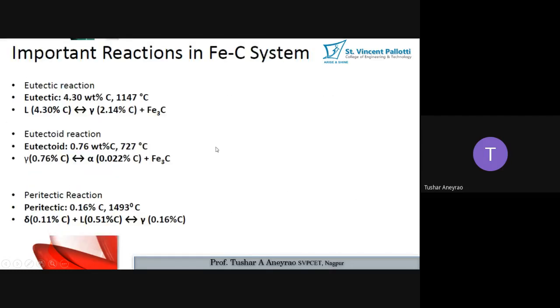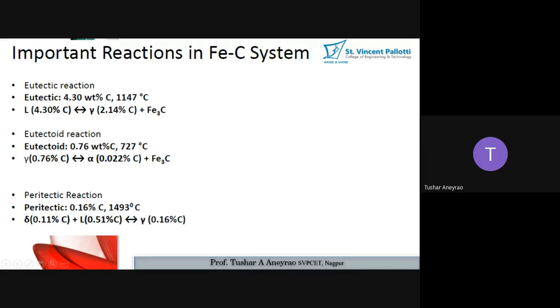All the reactions in the iron carbon diagram are isothermal reactions, meaning all the reactions happen at a sharp temperature, like you can see here: 1147 degrees centigrade, 727 degrees centigrade, 1493 degrees centigrade. Whatever we are talking about right now, you can write in your answer sheets about all these details of the Fe-Fe3C diagram, depending upon the time available.